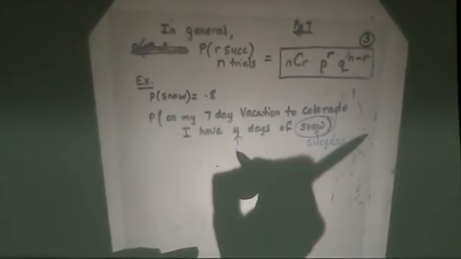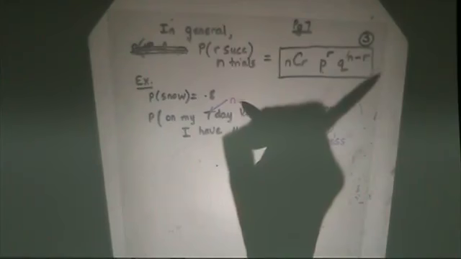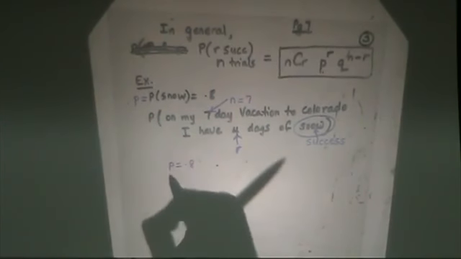This is R. R is the number of successes. 7-day vacation, N is 7. And P is the probability of snow. Little p is the probability of a success, and since I'm calling snow a success, little p is 0.8. That means Q is 0.2.